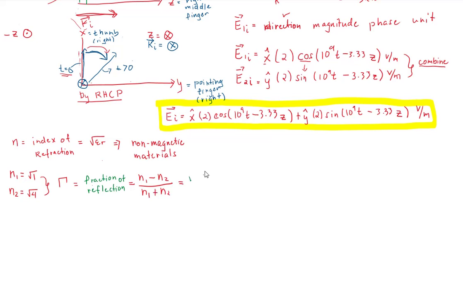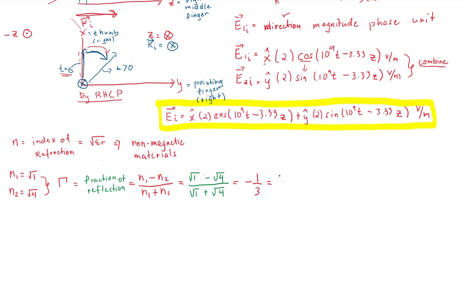Substituting root 1 minus root 4 over root 1 plus root 4, that just leaves us with negative 1/3.